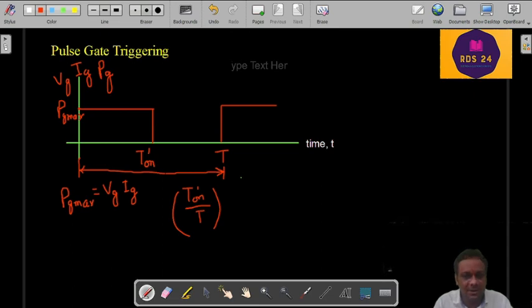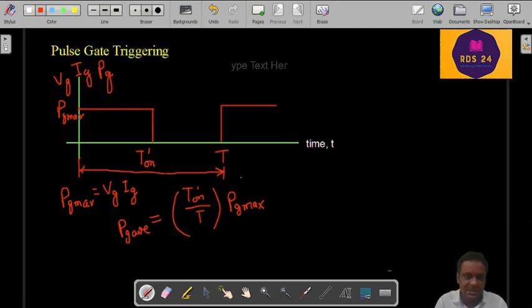Now at this point, PG average will be equal to the duty cycle times PG max. This is PG max into T on dash divided by T. It is the average power dissipated in the gate circuit.